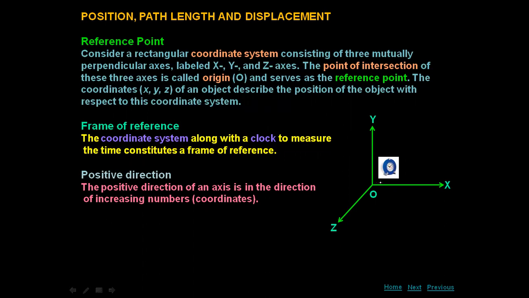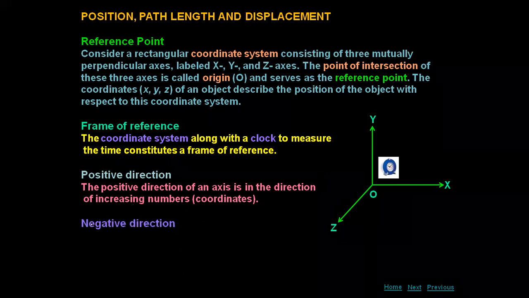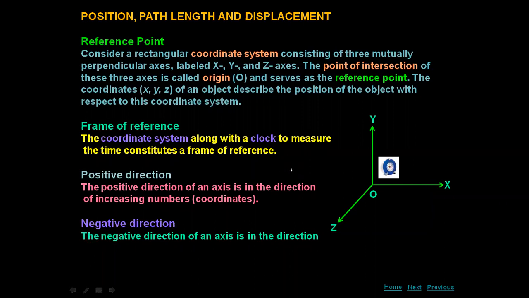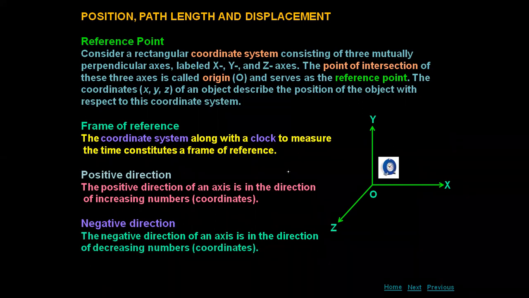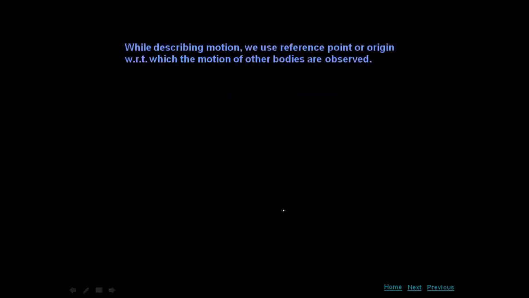In case of the x-axis it is to the right, above with respect to the y-axis, and toward this side along the z-axis. A negative direction is also taken. The negative direction of an axis is in the direction of decreasing number. When we take the direction of increasing number, that is called positive direction, and when we take the direction of decreasing number, that is called a negative direction.